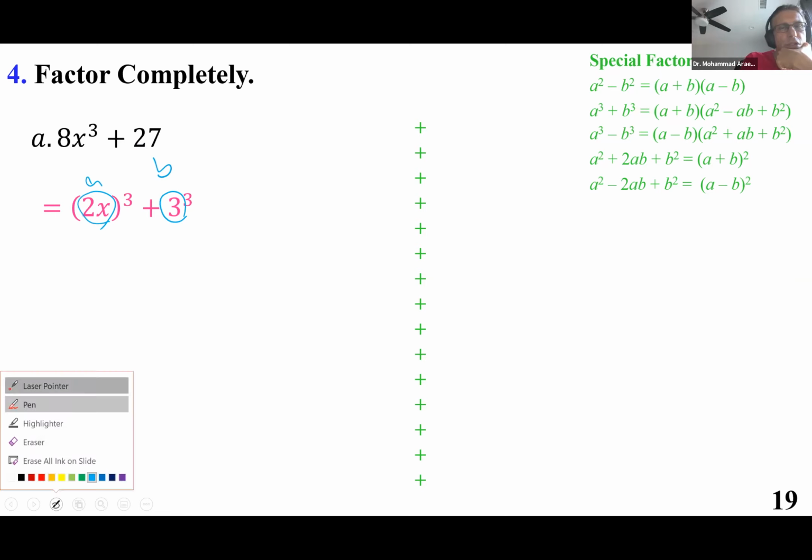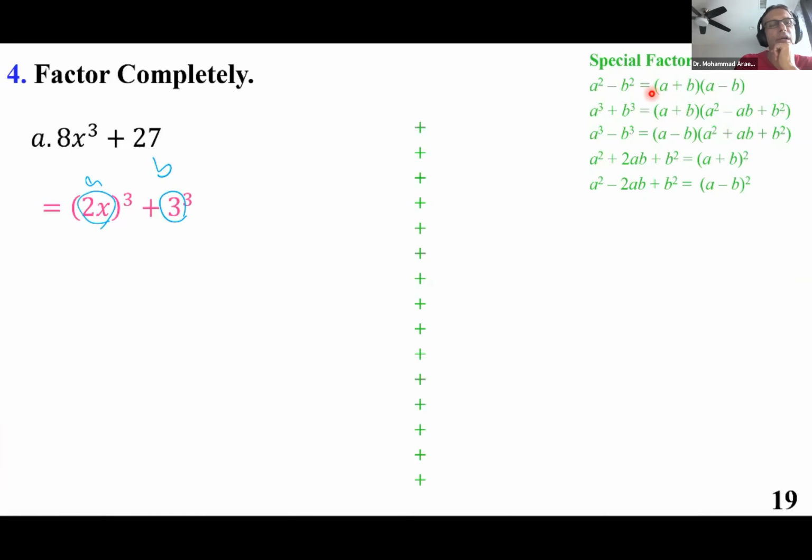So according to this formula, a plus b, that means 2x plus 3, and then a squared, that means 2x quantity squared, minus ab, the product of the two, 2x times 3, so with a negative sign, minus 2x times 3, and then plus 3 squared. So just follow this.